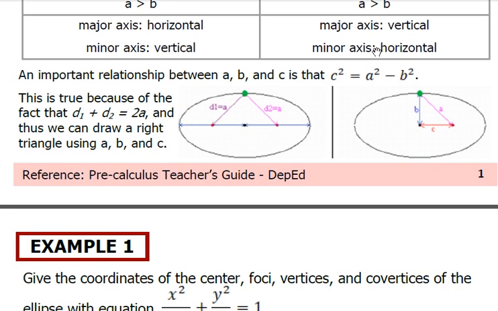An important relationship between A, B, and C is that C squared equals A squared minus B squared. This is true because the sum of the distances D1 and D2 is 2A, as discussed in the first video.